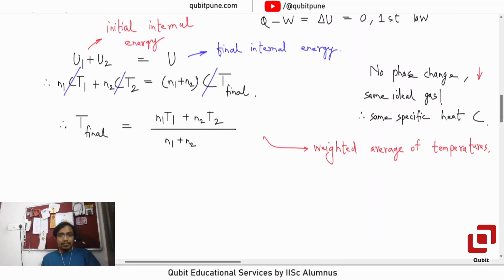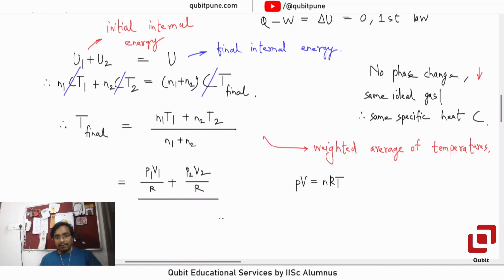Now, can we bring in the ideal gas equation? Yes, of course, which tells us that PV equals nRT. So what will be nT? PV by R. So N1 T1 will be P1 V1 by R, and this will be P2 V2 by R. And what will be N1?